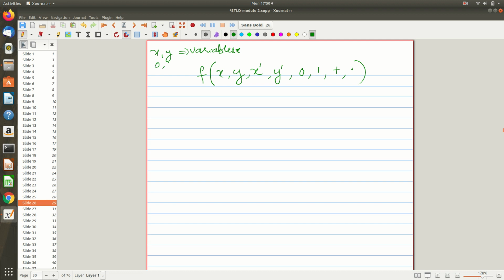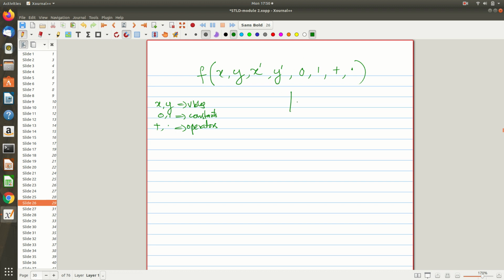But 0 and 1 are fixed values, they are constants. So, let me write here: x, y are variables, 0 and 1 are constants, right? And what about this plus and dot? Those are our operators. So that is how I get any Boolean algebraic expression.